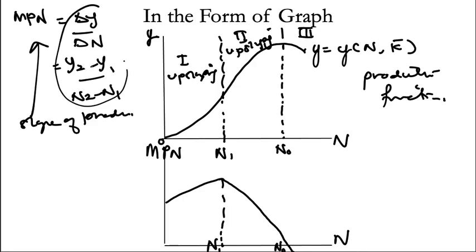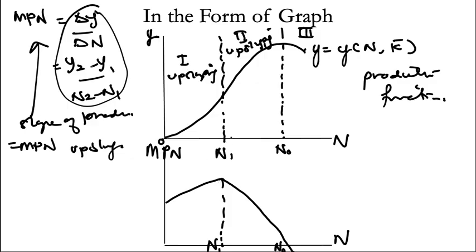Can you see? It's actually MPN, and you can see here the slope is upsloping. How do you know? Because it is increasing, but it increases at an increasing rate. How do you know? Because the marginal product from one labor to another, the new additional labor, becomes more and more. How do you know it becomes more and more? Because the marginal product, or the slope here, is increasing.